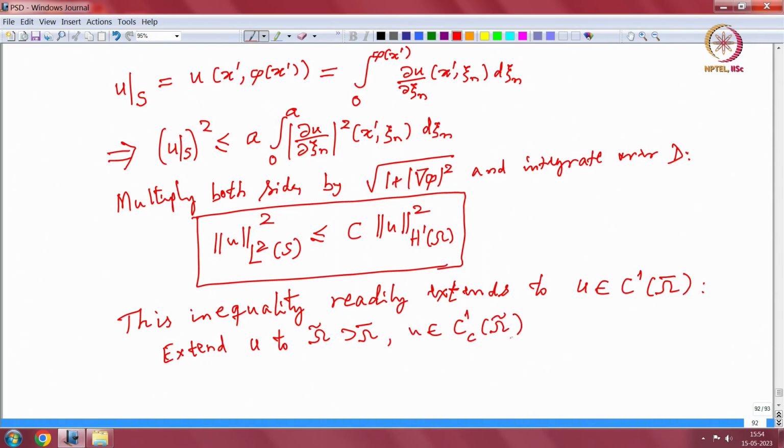This is by the extension theorem, and now you apply this inequality for this extension, but the extension norms are controlled in terms of the original function. So, that is why they are important. So, this inequality is now valid for all u in C1 omega bar.